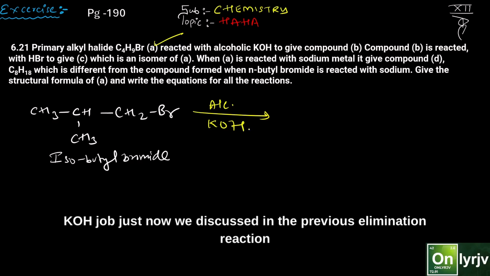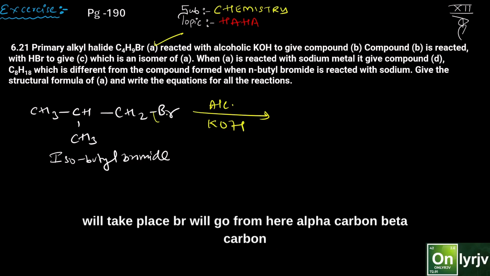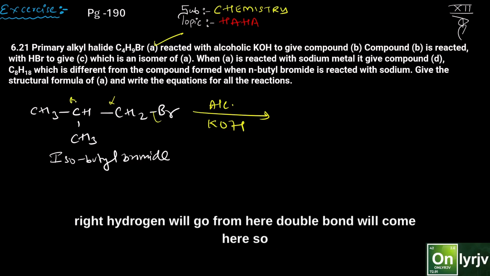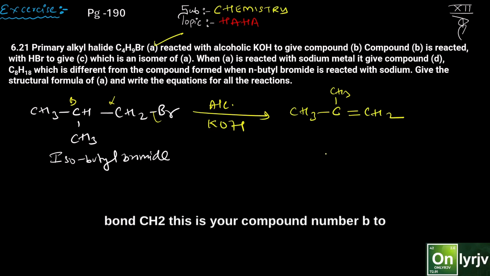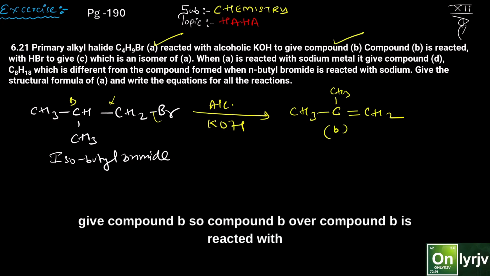You know alcoholic KOH's job, we just discussed it previously. Elimination reaction will take place. Br will go from here, alpha carbon, beta carbon, right? Hydrogen will go from here, double bond will come here. So CH3, C, CH3, double bond CH2. This is your compound number B.